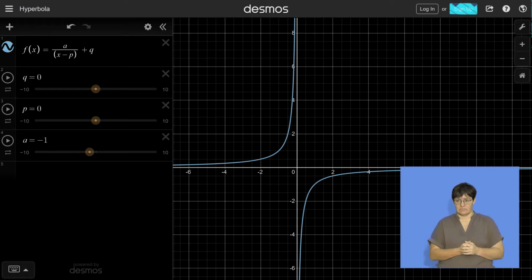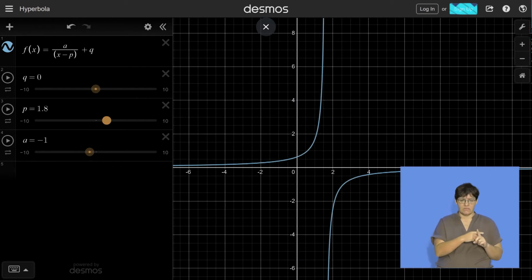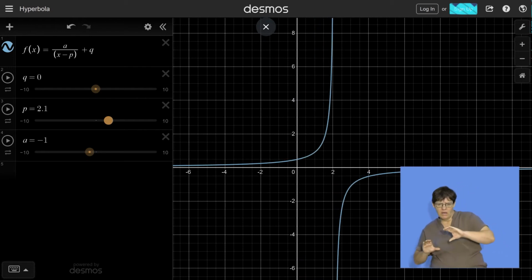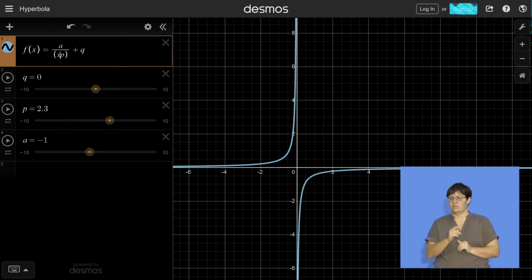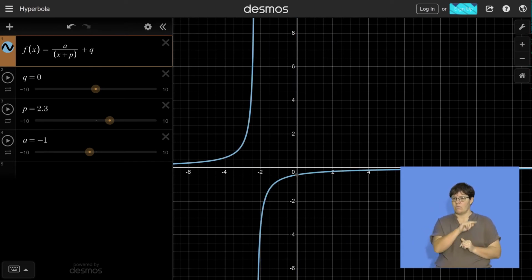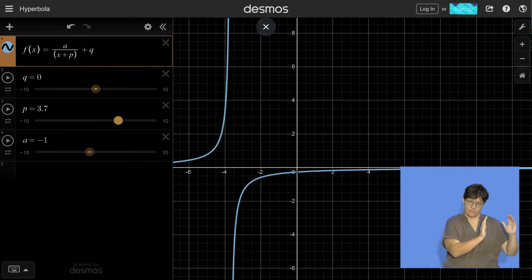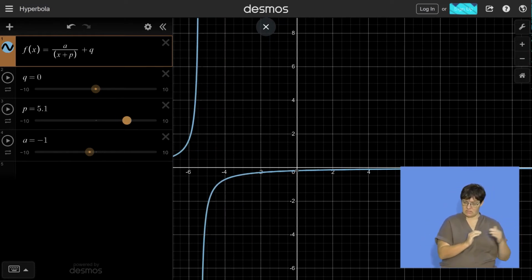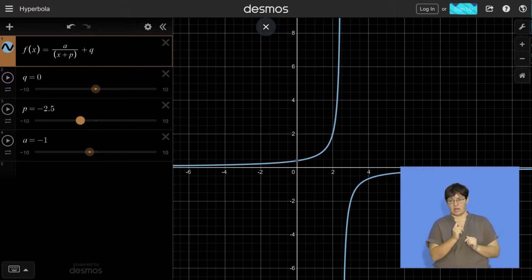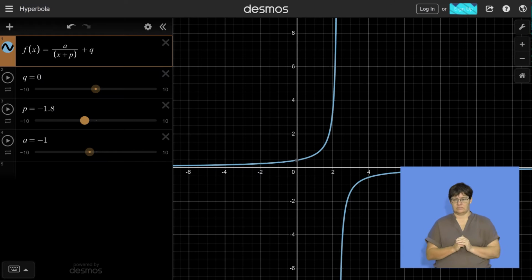The value of p, if I move it to be positive, you can see this simply means that it is shifting. This is actually supposed to be plus there because we use a plus. So if I am shifting this way and making it positive, I am actually shifting it to the left-hand side. And as soon as I make it negative, I then shift it to the right-hand side.